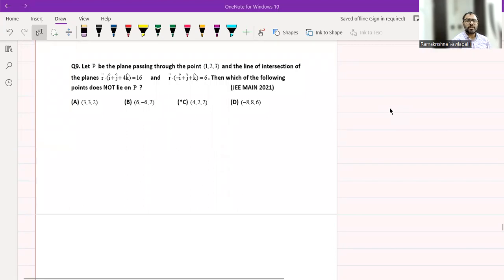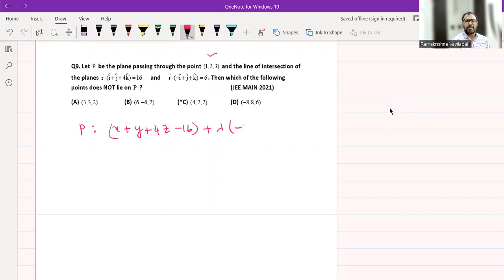So here is another question. Let P be the plane passing through this point and the line of intersection of these two planes. So what is the equation of the plane? See, the first one is x plus y plus 4z minus 16. Substitute r bar equal to xi plus yj plus zk, plus lambda into the second plane, which is minus x plus y plus z minus 6 equal to 0.